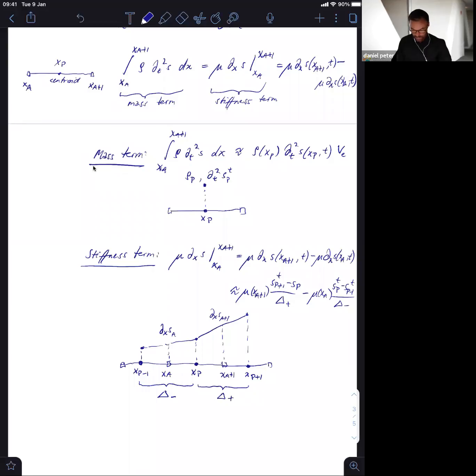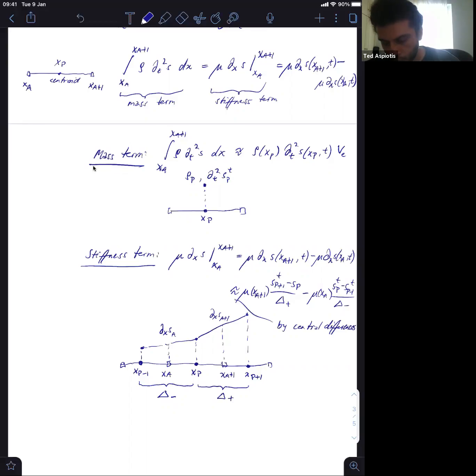So this approximation here is by central differences, assuming that we don't have a jump of the derivative of S. So if S is smooth, then yes, this approximation should hold.